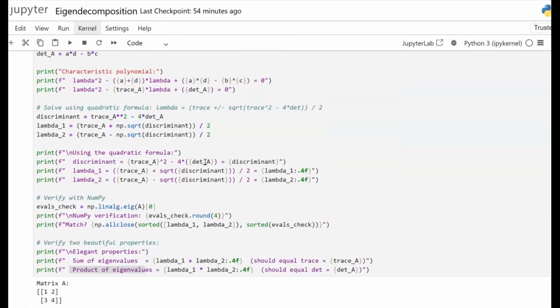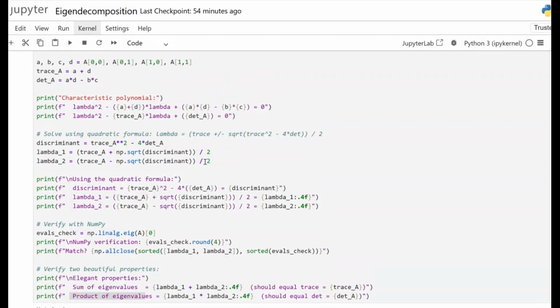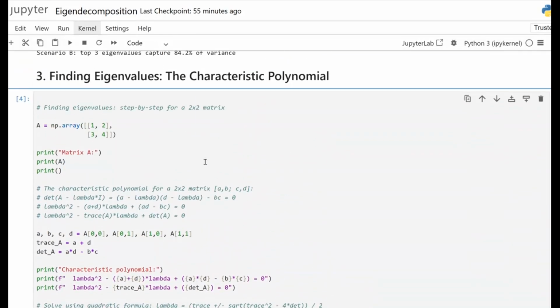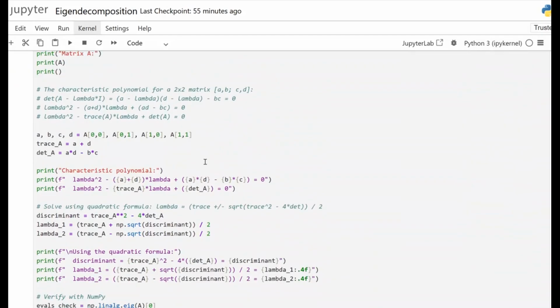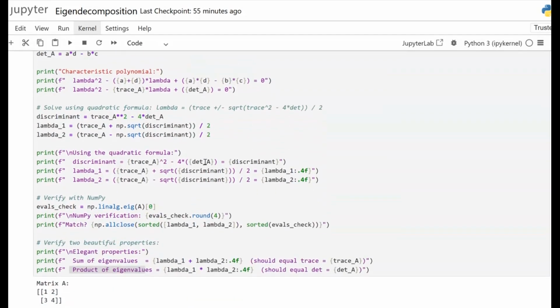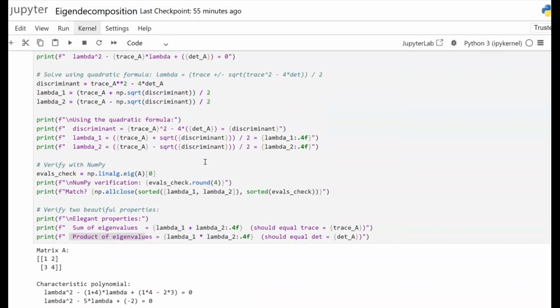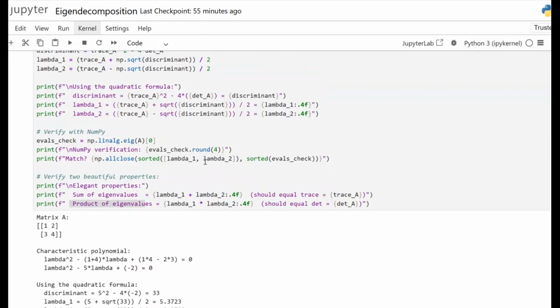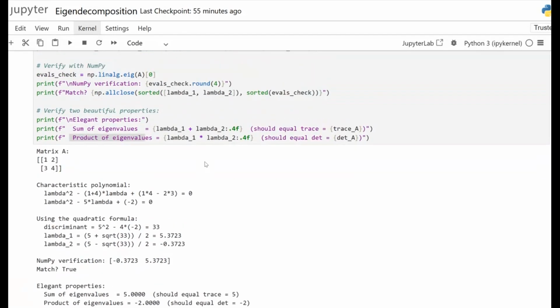So this code summarizes, that is, walks through the full pipeline. Construct a matrix, derive the characteristic polynomial, solve analytically with the quadratic formula, and verify numerically. Then confirm the invariant relationships, that is trace and determinant. It demonstrates that eigenvalues are not just computational artifacts, they are tightly constrained by fundamental algebraic properties of the matrix.